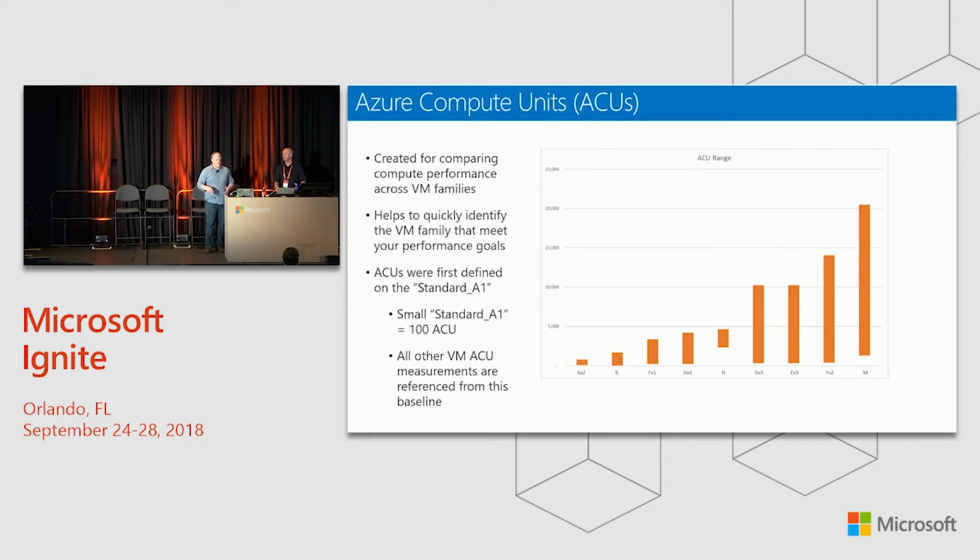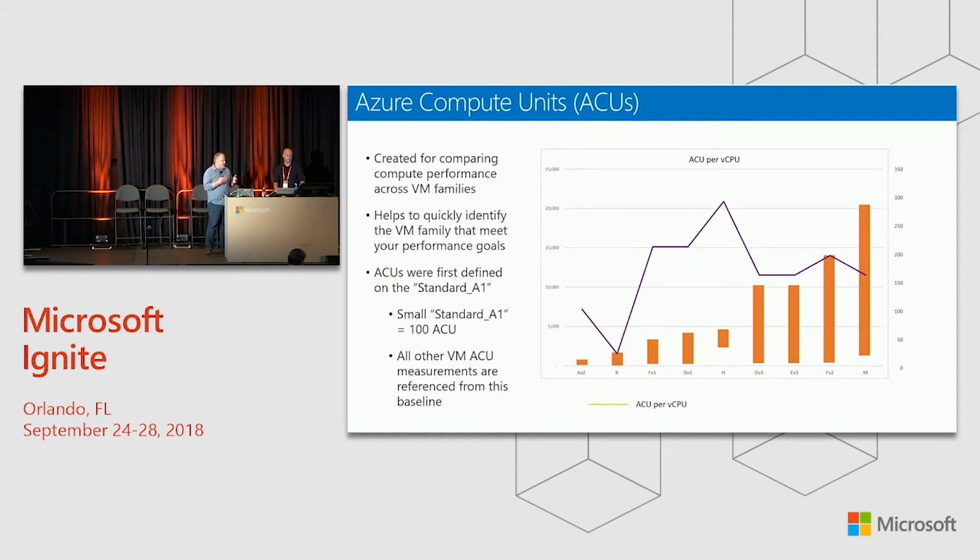So the M series at the full size can actually be more powerful than the F series, even though the F series is slightly faster. A nice way to look at that is the difference on a per vCPU basis, what we call the ACUs per vCPU.